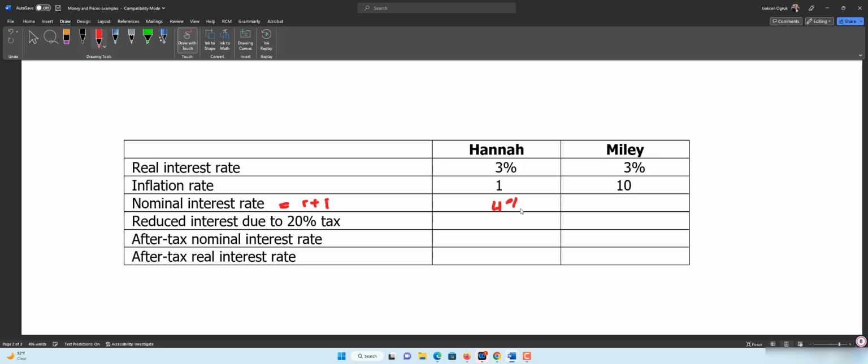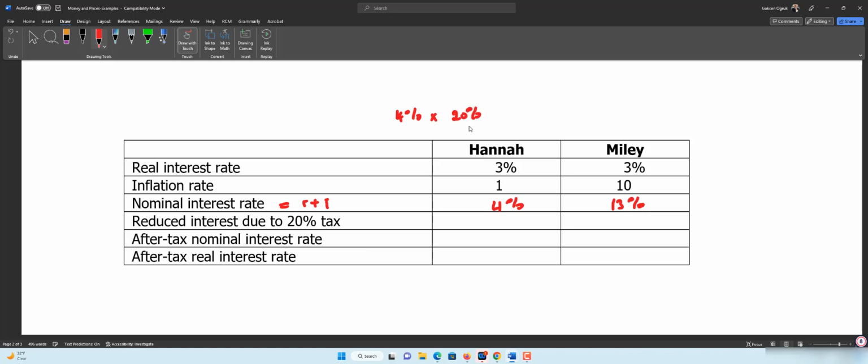Therefore, here is 4%, here is 13%. And now we need to find out the interest reduced due to the 20% tax. The tax is imposed on the nominal rate, 4% times 20%.